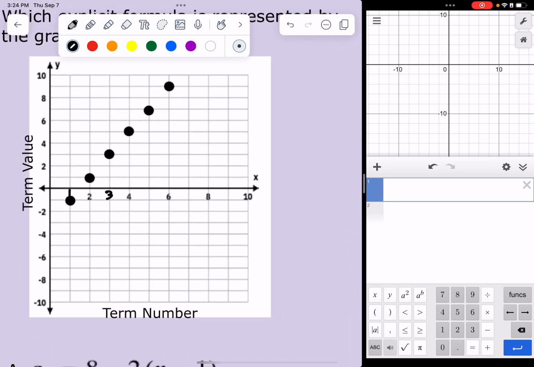Our first point is 1, negative 1. Then we have 2, 1.